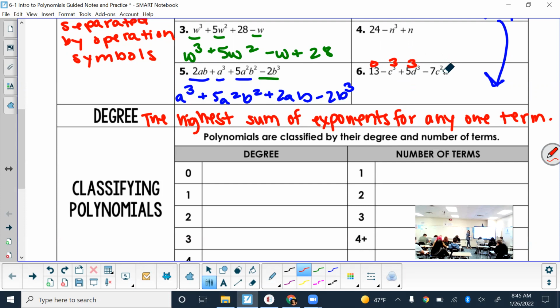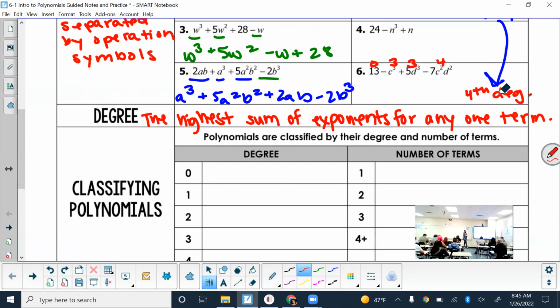And then over here, on the last term, I have c squared d squared. What's the sum of those exponents? 2 plus 2 is 4. So since 4 is higher than 3 or 0, the degree of number 6 would be 4th degree.